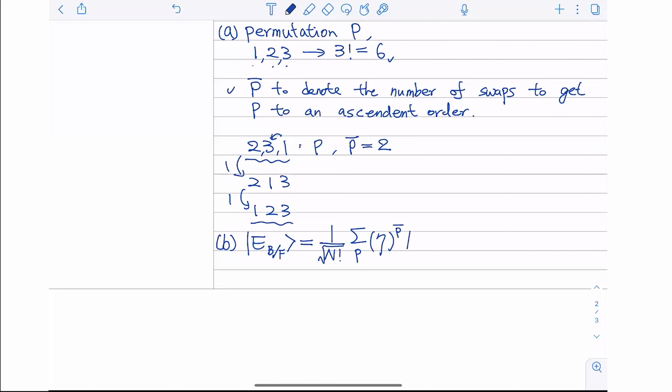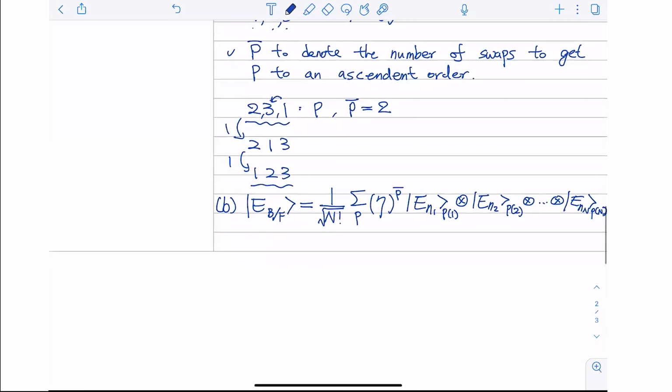And then we write down the corresponding energy of our system. So here, P of 1 means the first element of the corresponding permutation in this summation. And P of 2 will be the second element of this particular permutation.